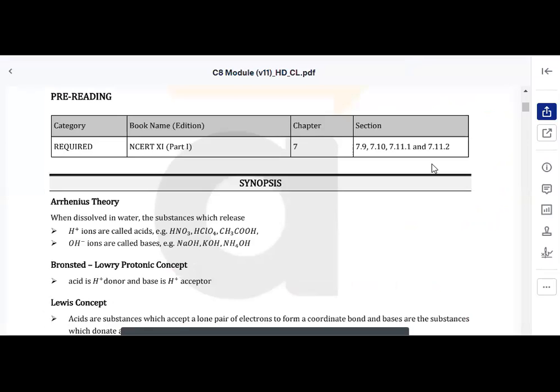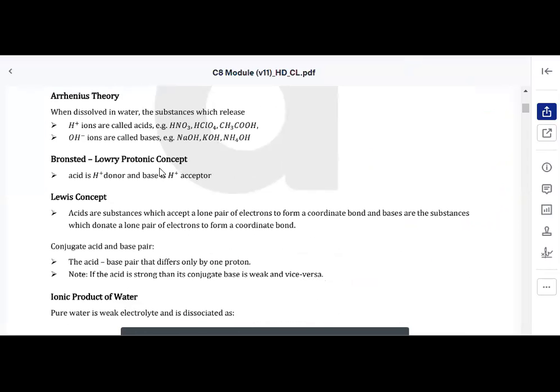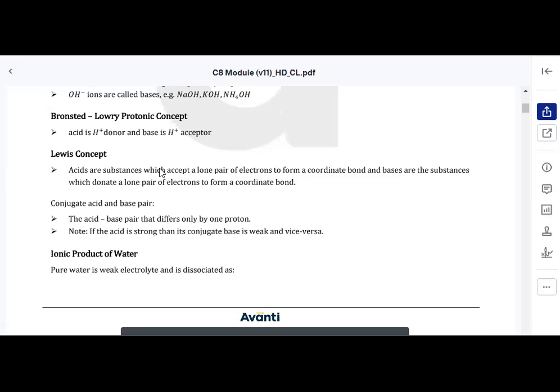Yes, Karishma, you remember? We have used this concept. These are the concepts of Arrhenius theory we have already discussed. According to Arrhenius theory, if a substance gives H plus, it is your acid. If it gives OH minus, it is your base. Whereas Bronsted-Lowry is the protonic concept, which means you don't need OH minus to be a base.